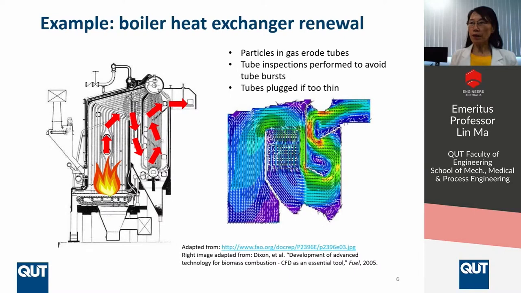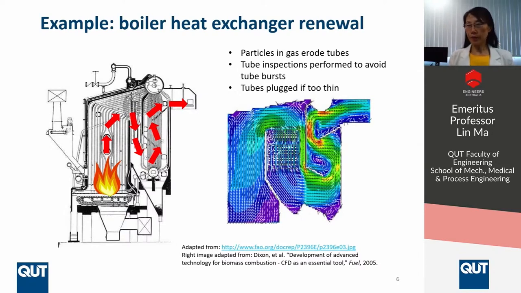So I want to talk about the research modeling approach that we have for the health prediction of different assets. I'll give you a couple of examples because our time is very limited. One example is the industrial boiler, the heat exchanger in those industrial boilers.